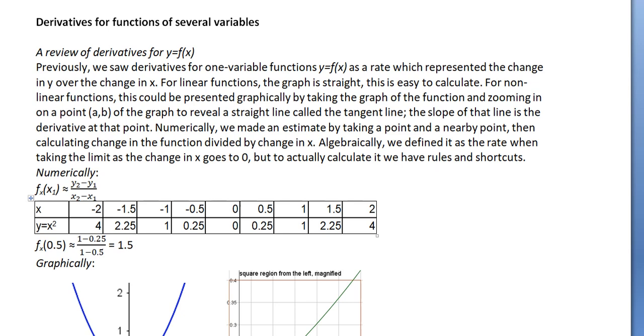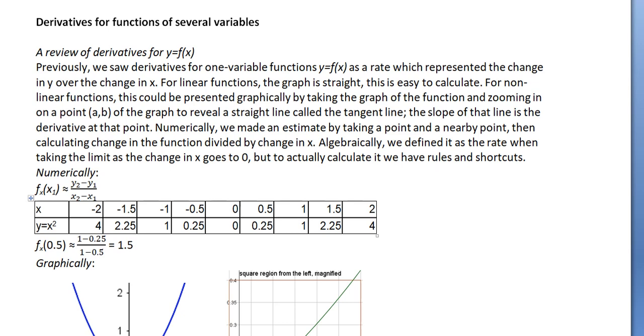Now, if you think about a simple y equals f of x function that's linear, the graph is straight, and therefore it's easy to calculate the rate of change, which is the derivative. For nonlinear functions, you could represent the derivative graphically by zooming in on a point of the graph to reveal a straight line. That line is called the tangent line, and the slope of that line is the derivative at that point.